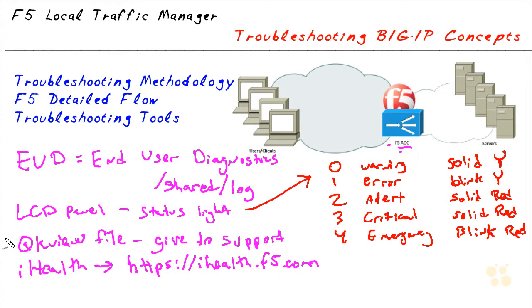What I can do is upload my QK view file and get some information from it, click start and put all the information up there, and it will give me some output. It will also assist me in creating a case should I need to. So I have all sorts of cool options to help me do troubleshooting. Know about the options available, know where to start looking for a few things, and the important part, play around.